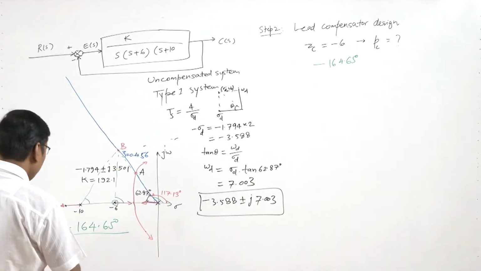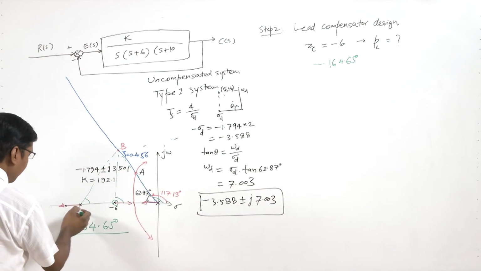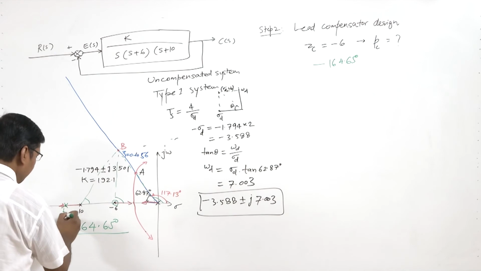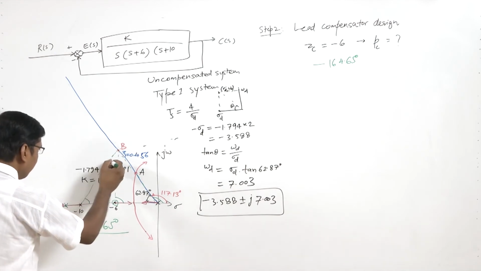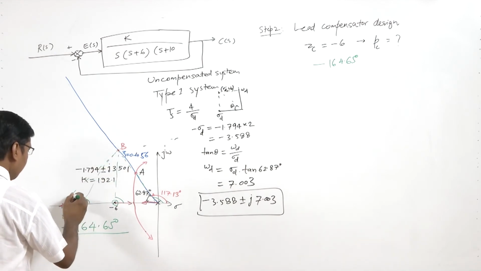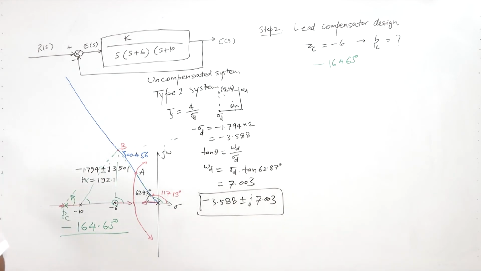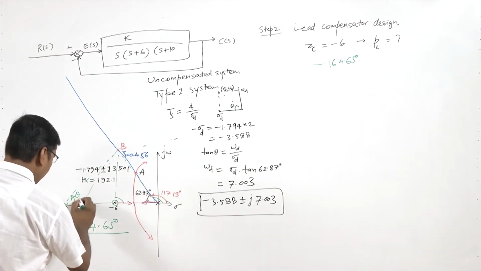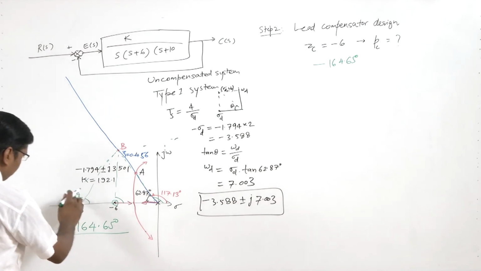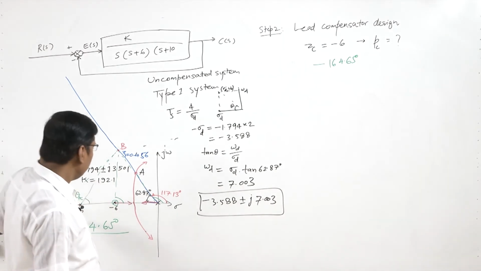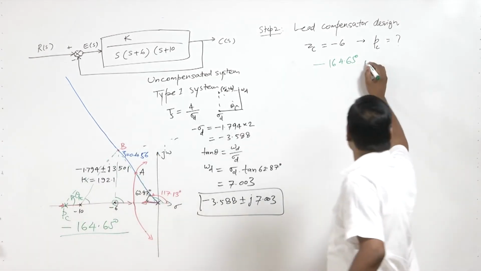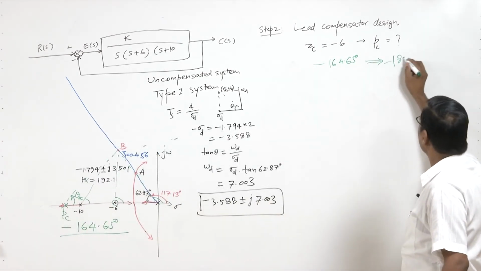So we must put a pole somewhere. So let's put here some pole PC, with angle contribution theta PC, so that this angle becomes minus 180 degree.